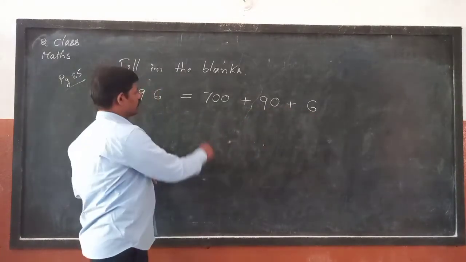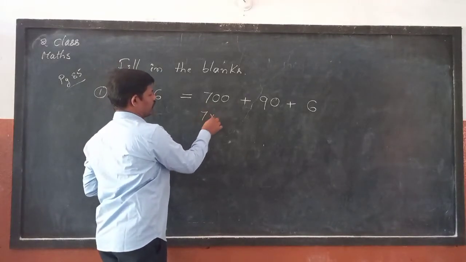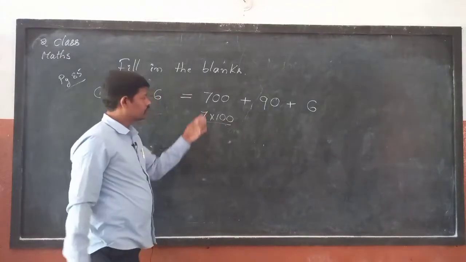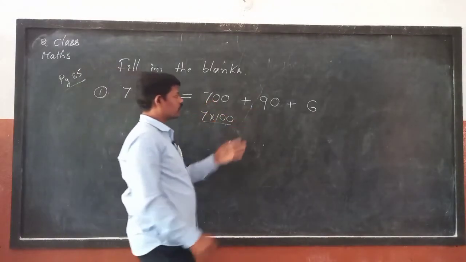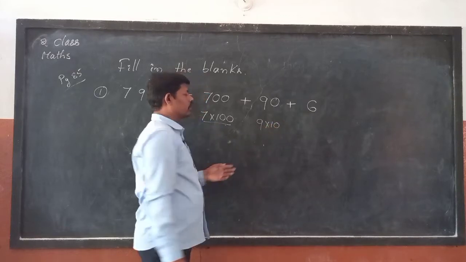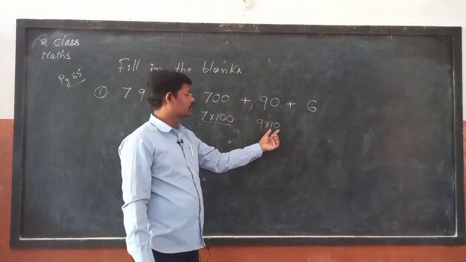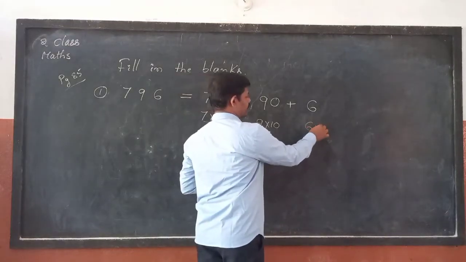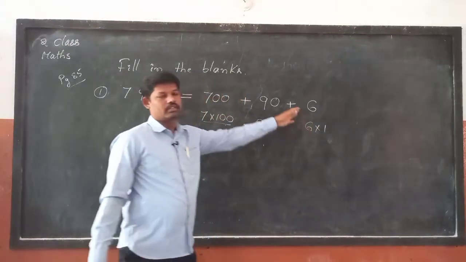That means here 7 hundreds, 7 into 100, 700. And 9 into 10 because it is the tens place, so 90. Here, ones place, 6 into 1, 6.